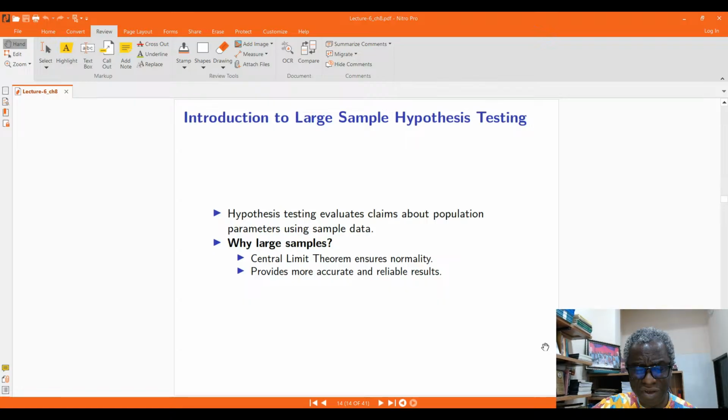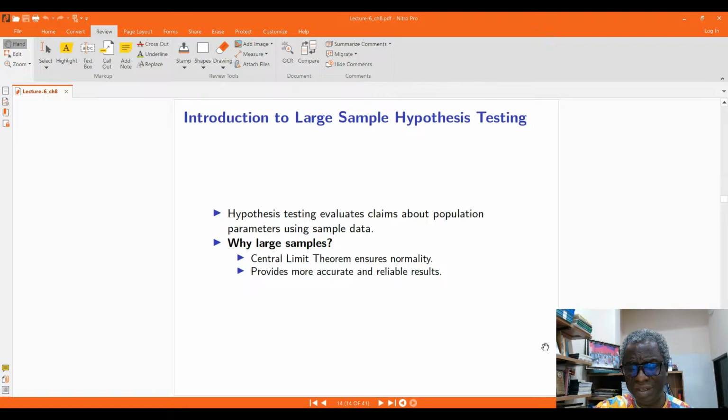We've discussed all of that before, but the concern now is about large samples. So we are focusing on large samples in hypothesis testing. Large samples allow us to apply the central limit theorem, which we've talked about.